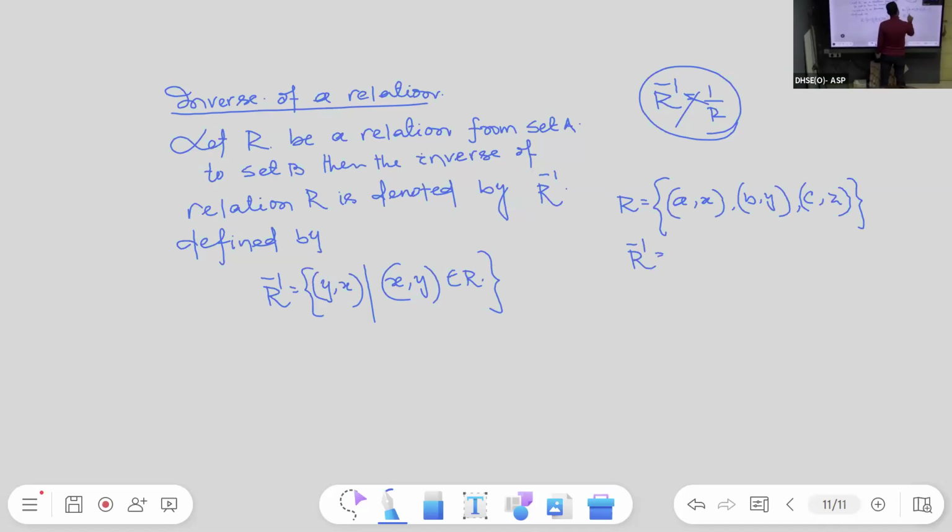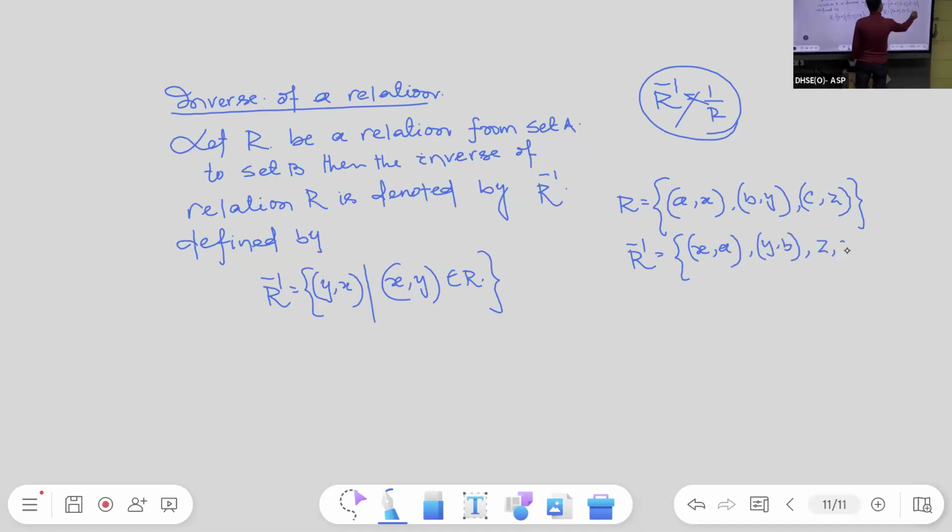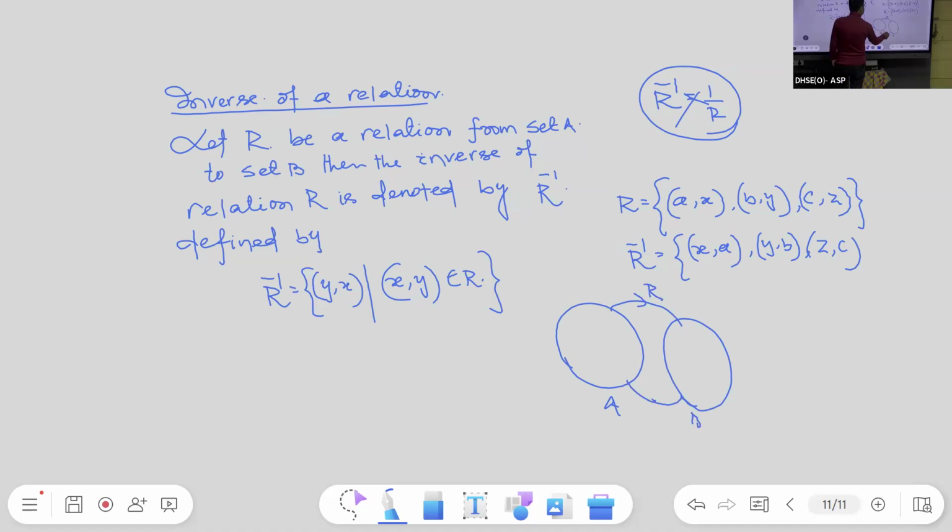So R inverse contains XA, YB, ZC. Clear? Suppose this is set A, this is set B. If R is a relation from set A to set B, then R inverse is a relation from set B to set A. If X is related to Y by the relation R, then Y is related to X by the relation R inverse. Okay.